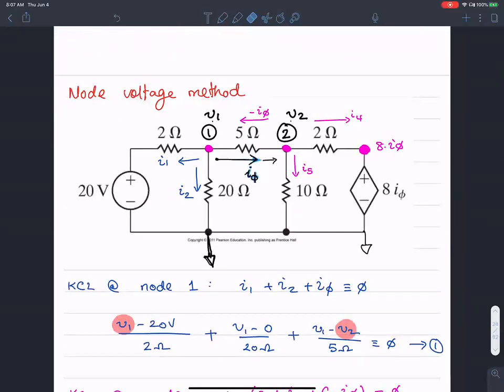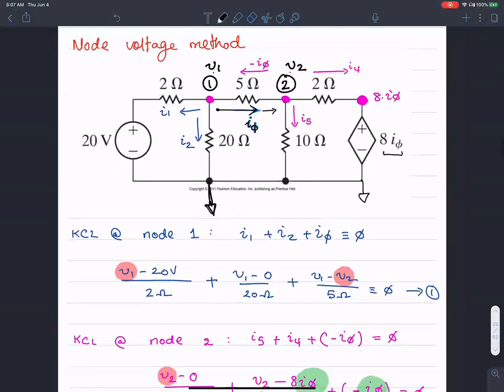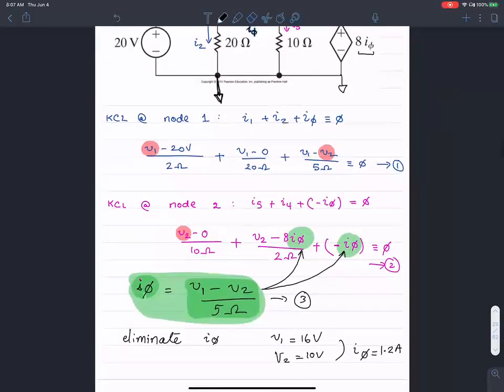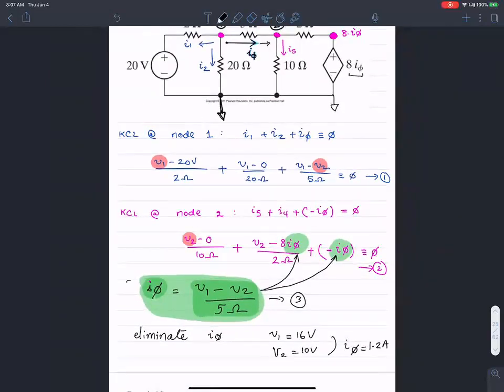Okay, so here is another example of node voltage method where I encountered a dependent voltage source. You can treat that dependent variable as a third unknown and set up an equation that determines the third unknown.